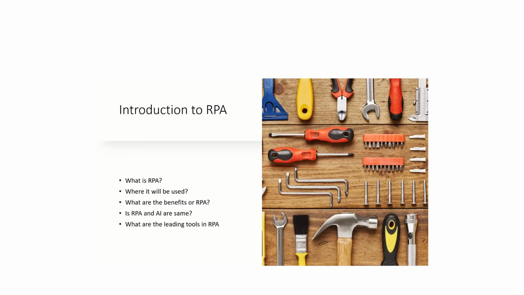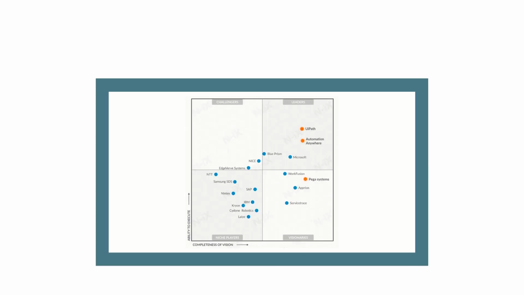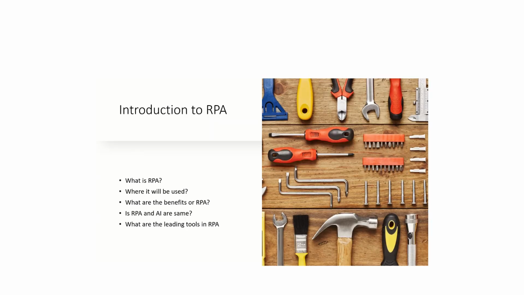Before we go into the main topic, we need to know what RPA is. RPA stands for Robotic Process Automation. It is a form of business process automation that is based on software robots or artificial intelligent agents.